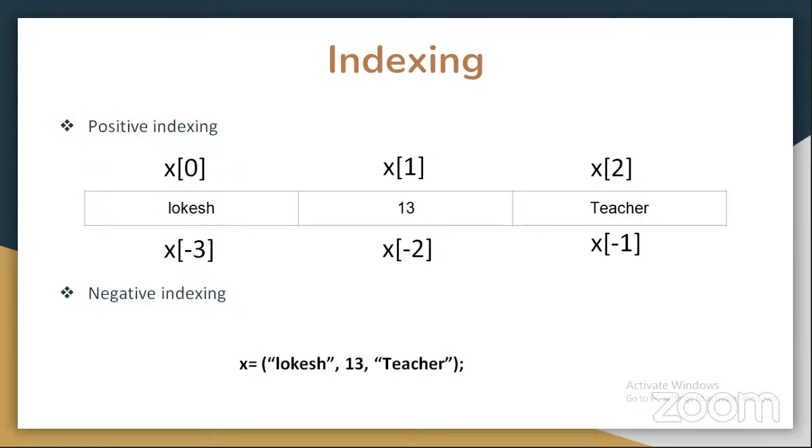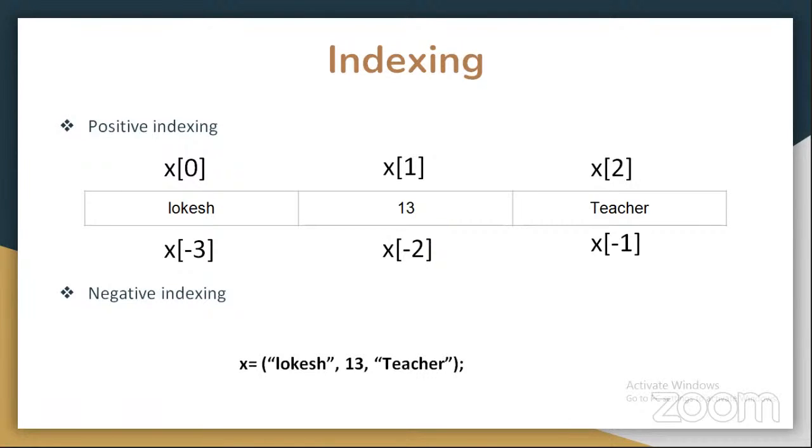If you store data x equals location, 13 and a teacher, 0 is the origin. 1, 2 is the increasing order, increasing memory, and the decreasing side is negative, -1, -2, -3.